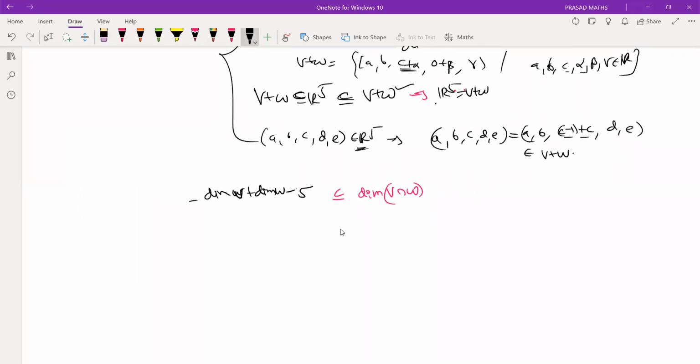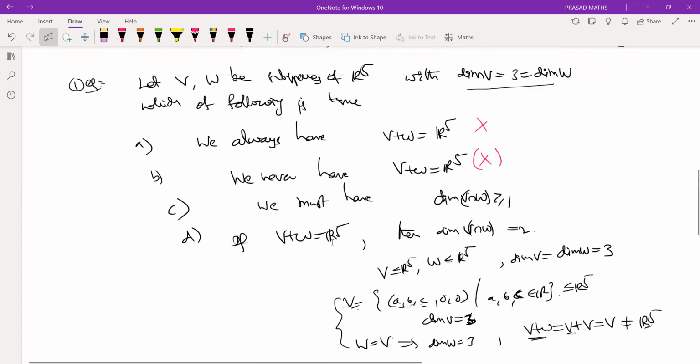So it is 3 plus 3 minus 5, which is 1. Therefore, the dimension of v intersection w is always bigger than or equal to 1. This is possible, so this is the right answer.